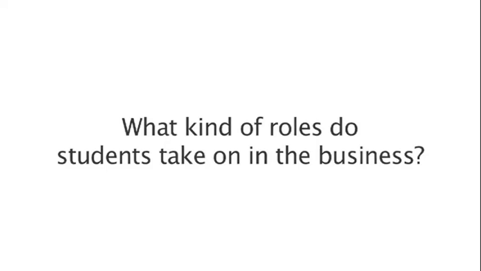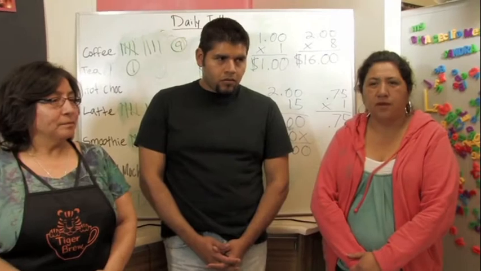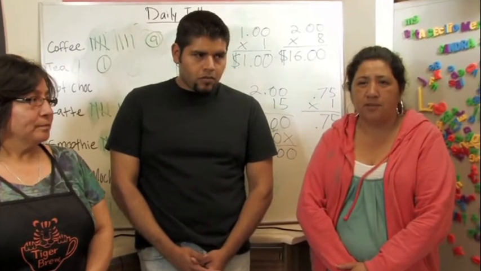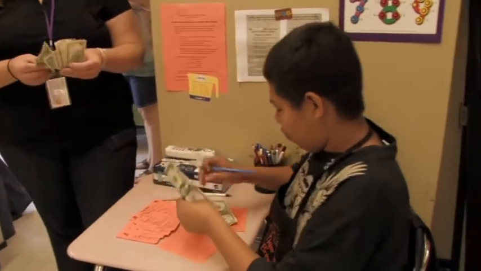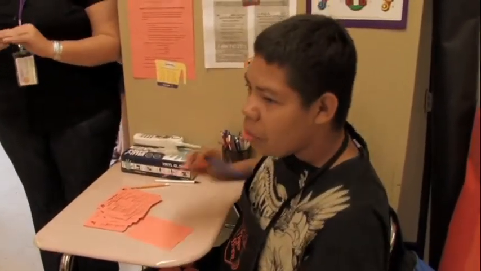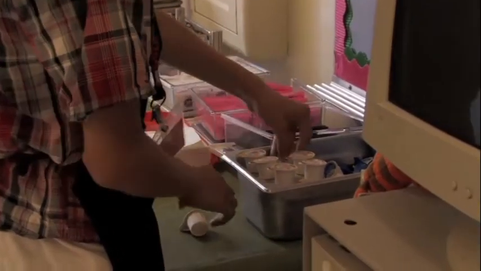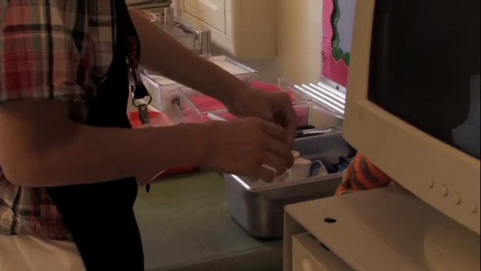Well, we have a CEO. We have a couple of students who are in charge of setting up in the morning. We have some students who do the cleaning, the counters, making sure the sinks are clean. We have other students who are in charge of restocking, whether it's the cups, the sugar, the creamers.